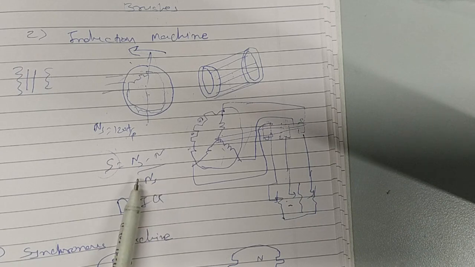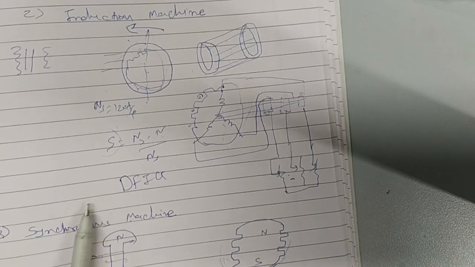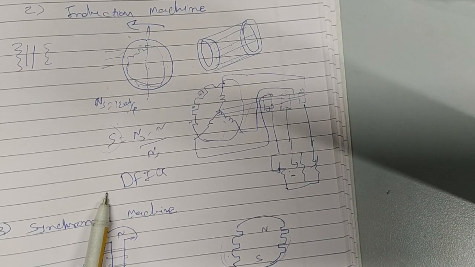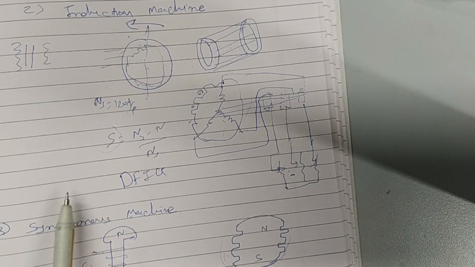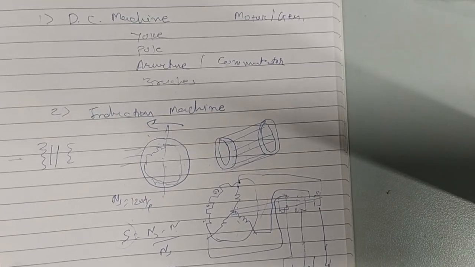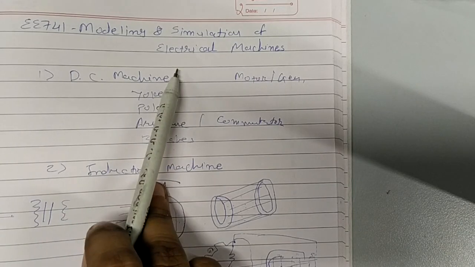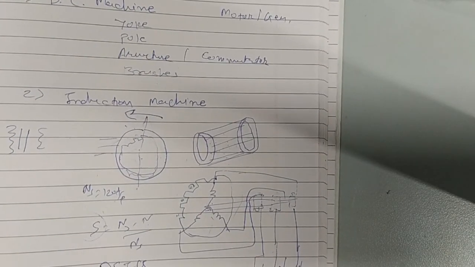Additionally, there are some gear control systems, in which induction machines are also used. If you are using DFIG, then there are also control schemes for stator side and rotor side active and reactive power control. So for all these kinds of studies and analysis, we need to understand the modeling and simulation of electrical machines.